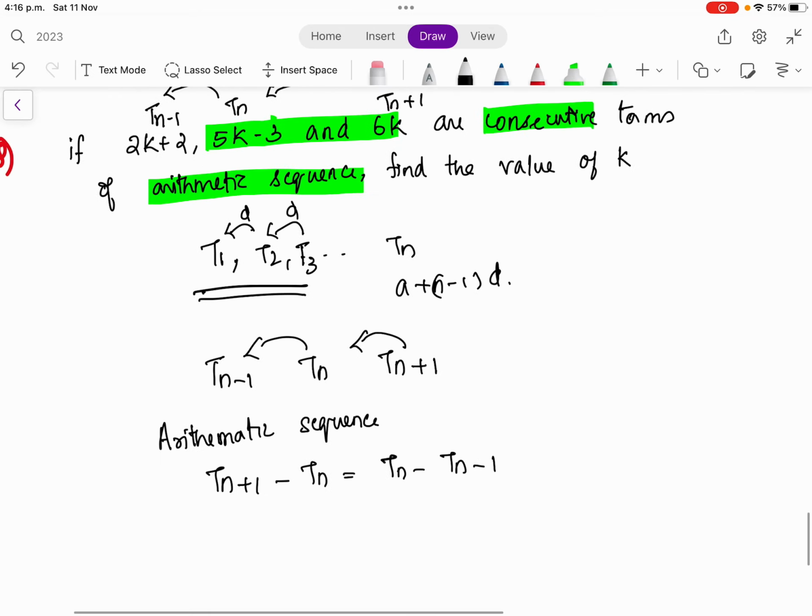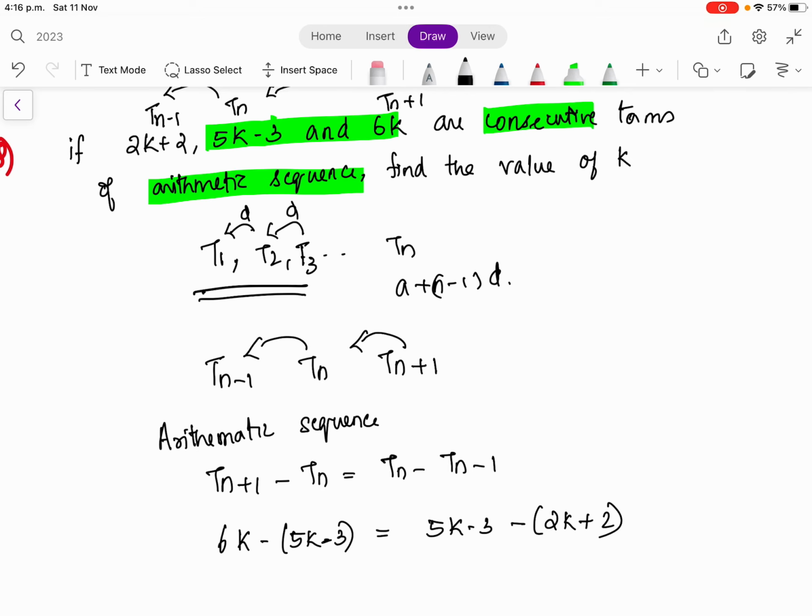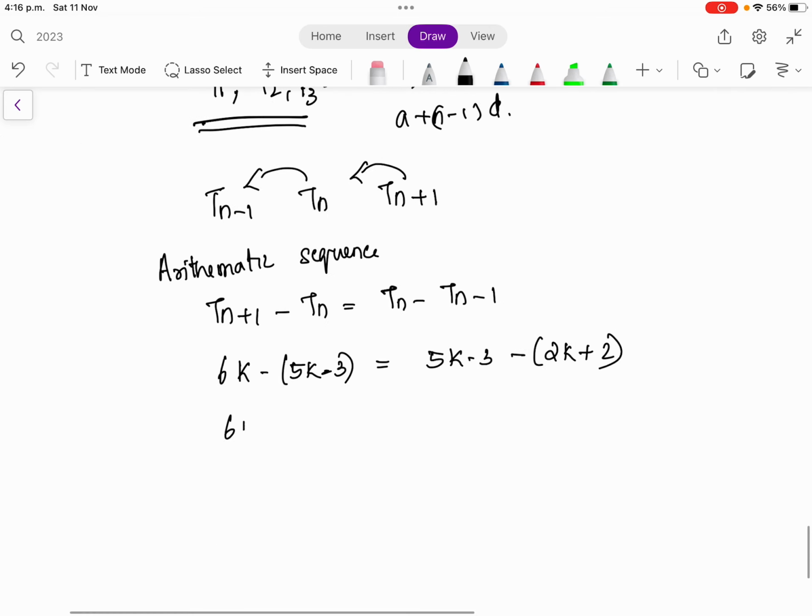So in our case, what you can write is 6k minus 5k minus 3 is equal to 5k minus 3 minus 2k plus 2. Now it is just algebraic simplification: 6k minus 5k plus 3 is equal to 5k minus 3 minus 2k minus 2.